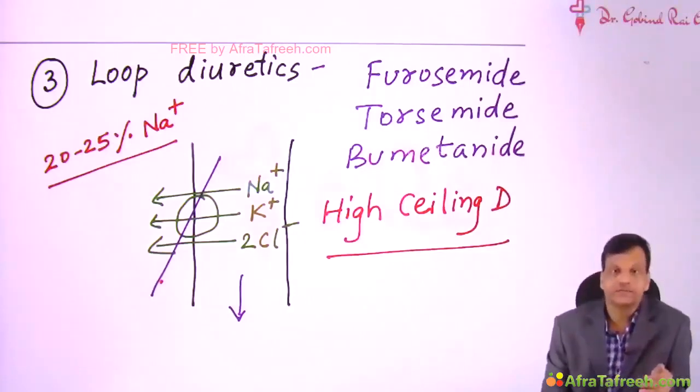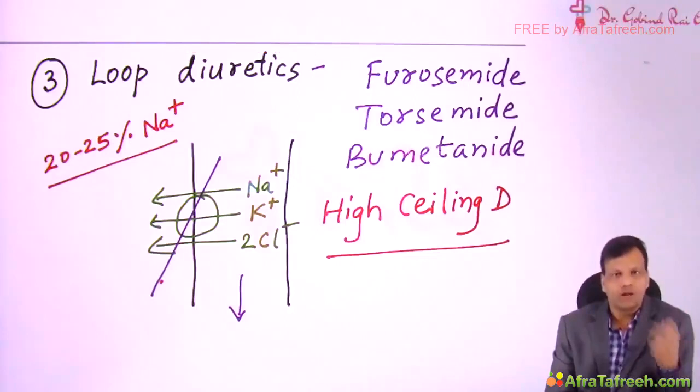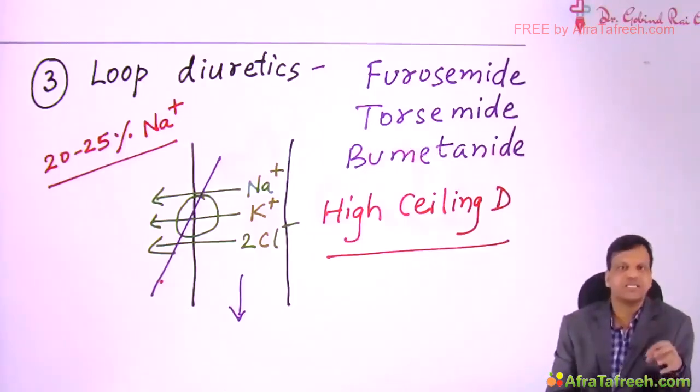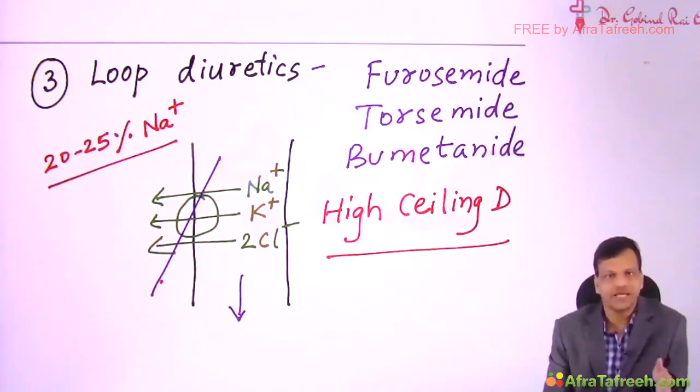On the other hand, if we give carbonic anhydrase inhibitors, although around 60 to 65% of sodium is reabsorbed in the proximal tubule, carbonic anhydrase inhibitors inhibit the reabsorption of sodium there, but most of that can be reabsorbed in the distal portion of the nephron.